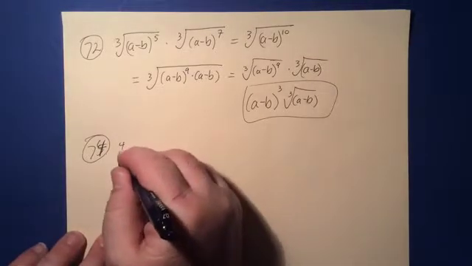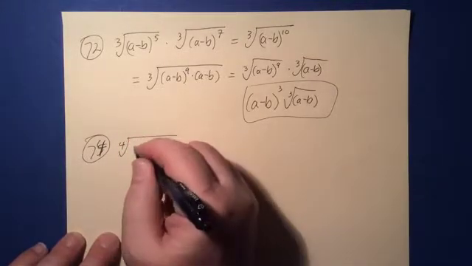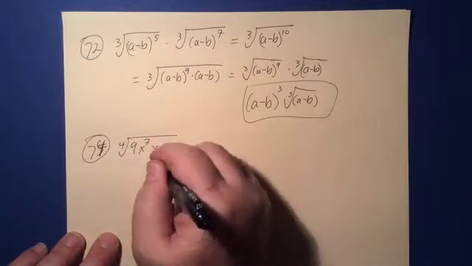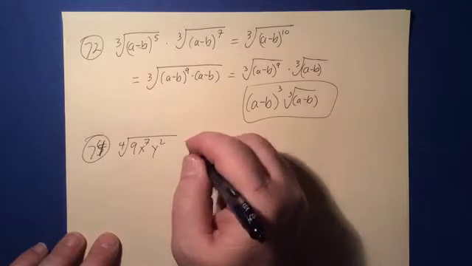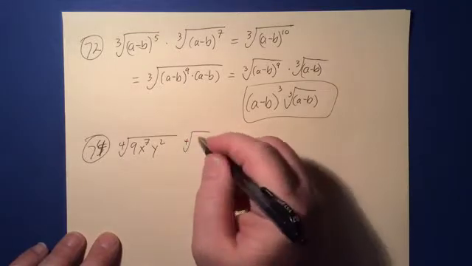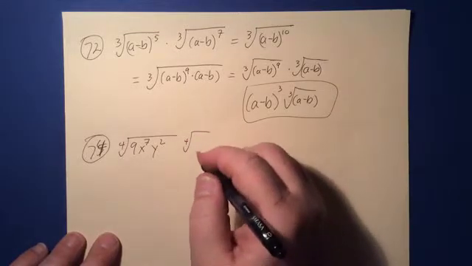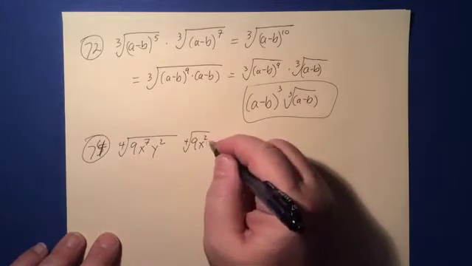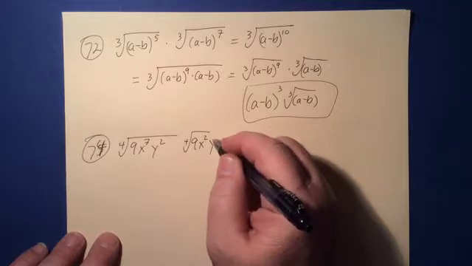So this is going to be the fourth root of 9x to the 7th, y to the 2nd, times the fourth root of 9x to the 2nd, y to the 9th.